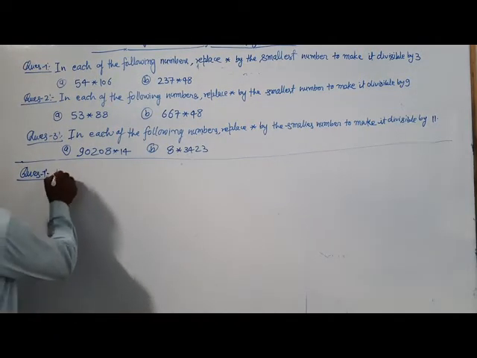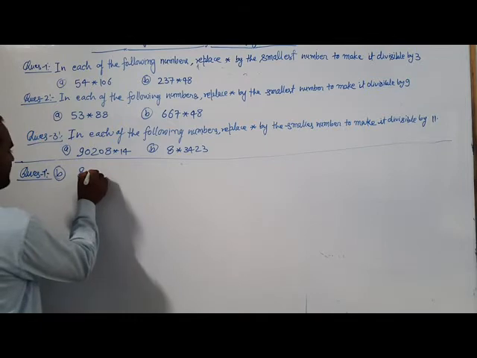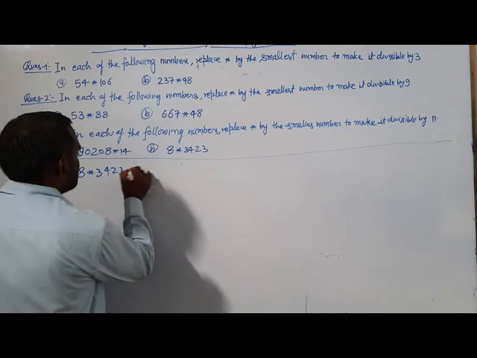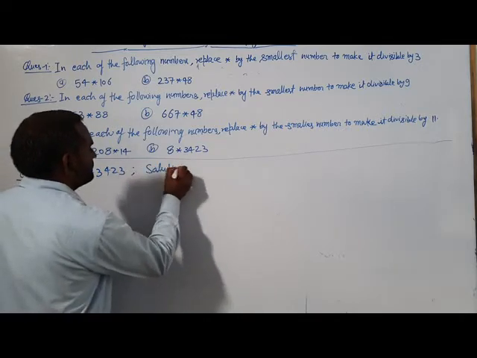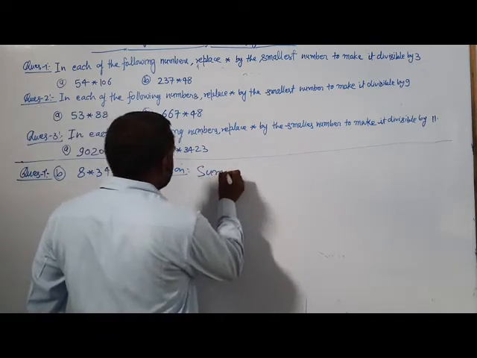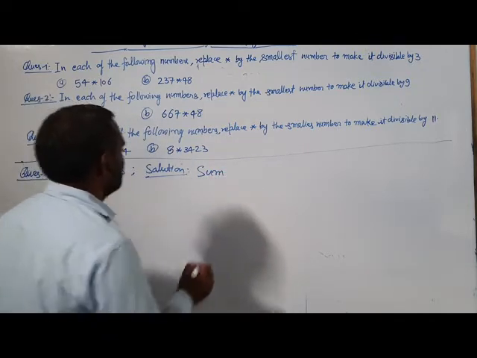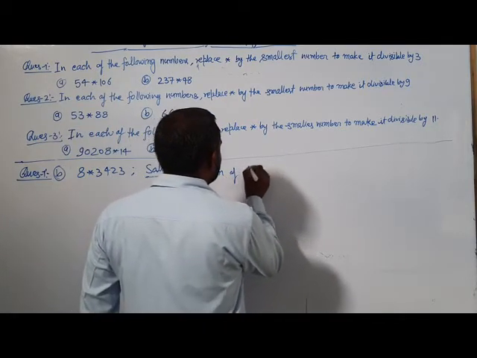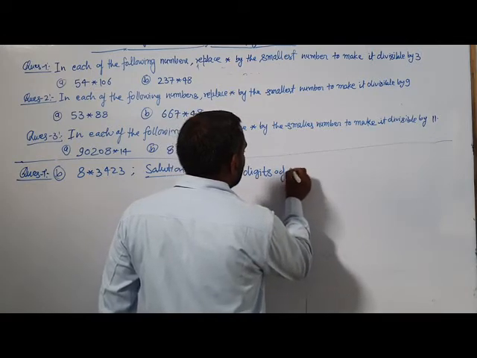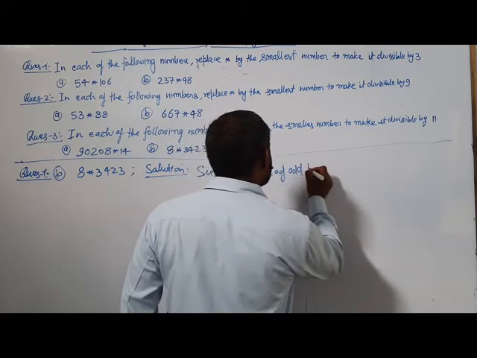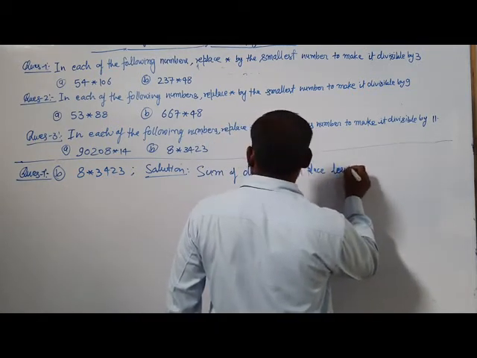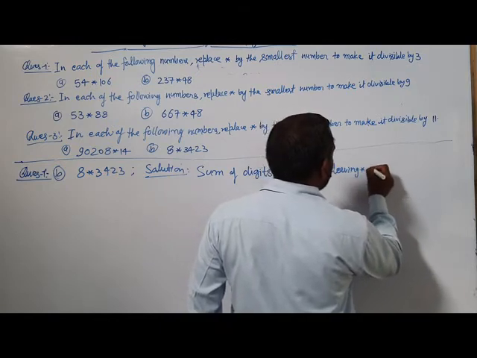Second question B is 8 star 3 4 2 3. Solution. Sum of digits of odd places leaving the star of the given number.